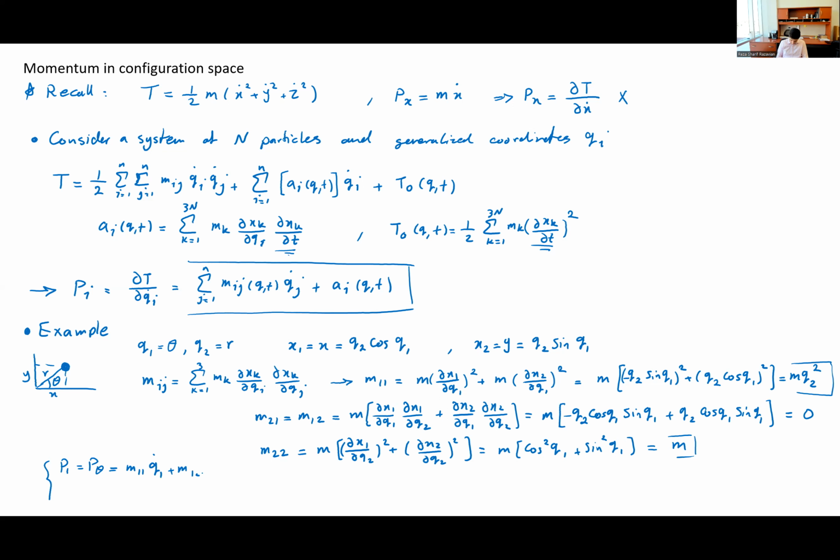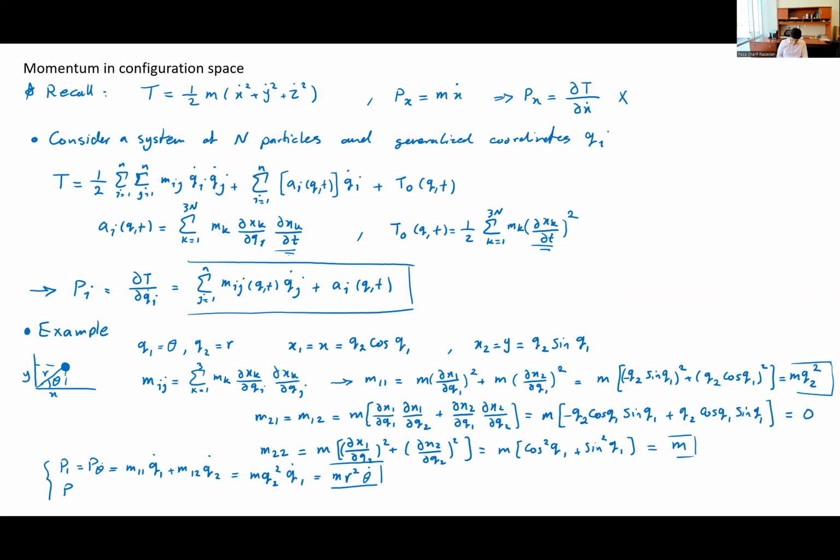This one, M12, was 0. So that one is M11, which was M q2 squared times q dot 1. Let me rewrite it nicer: this is M r squared theta dot.